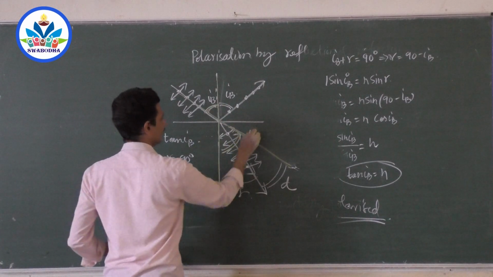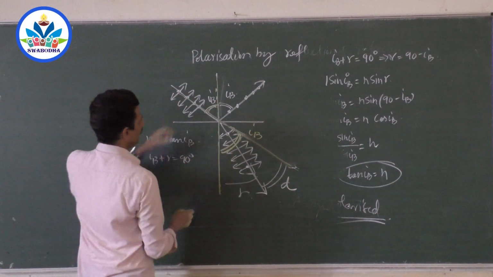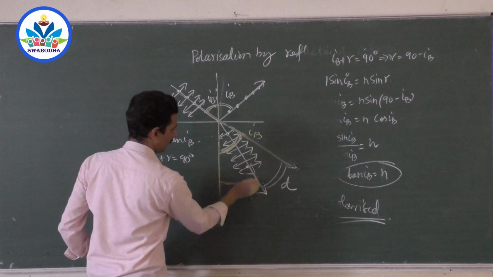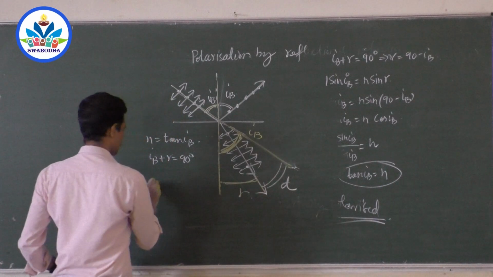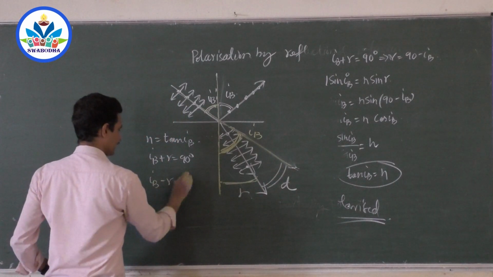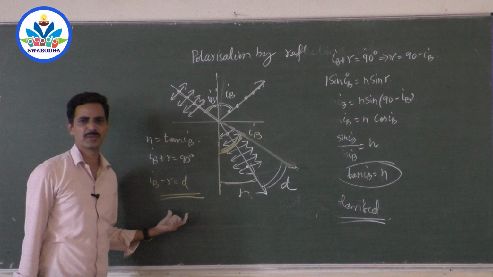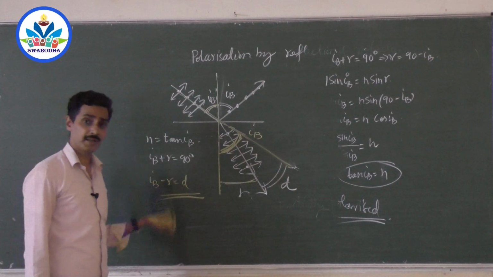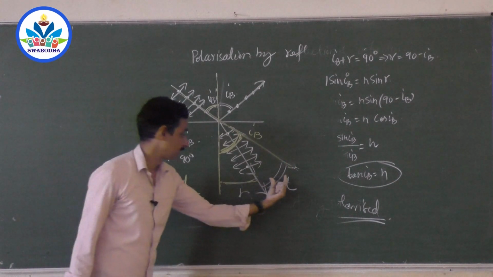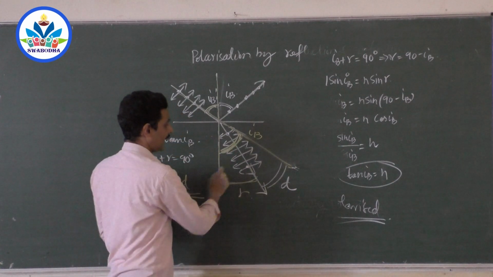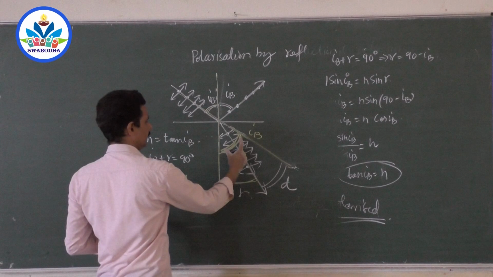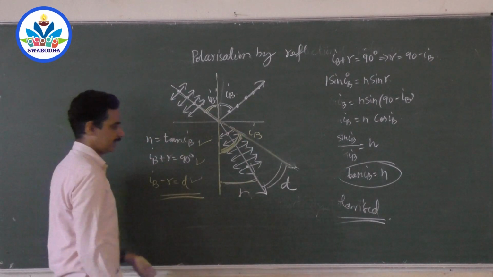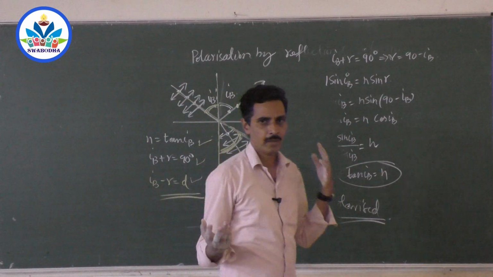This is also IB, opposite angles. Then what is D? Out of IB, you have to remove R. Then this is D. So IB minus R is equal to D. This is also a very important equation. But we don't deal with this in this chapter because this has already been done. So angle of deviation is total angle, which is opposite angle here, minus R. So these three equations play an important role while solving the problems, and Malus law.